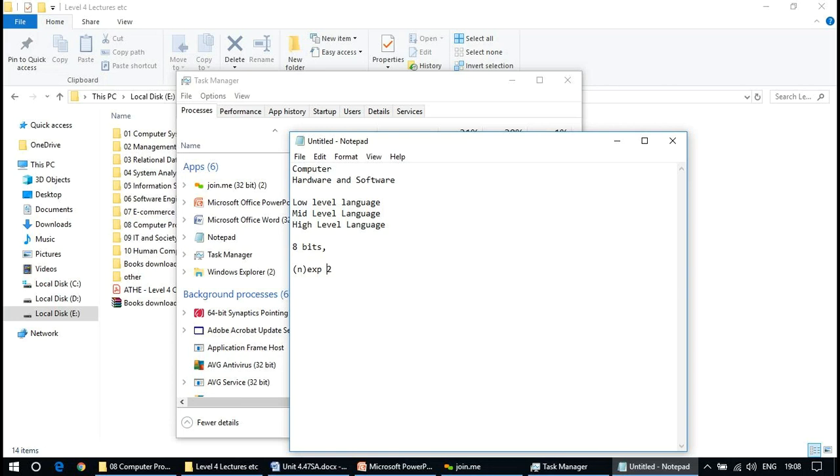Do you remember those days? Yeah, I remember all those. So depending on the number of pins, if a cable is based on 8 wires, then 2 to the power 8 would give you 256. So you can send 256 commands over an 8-wire cable.